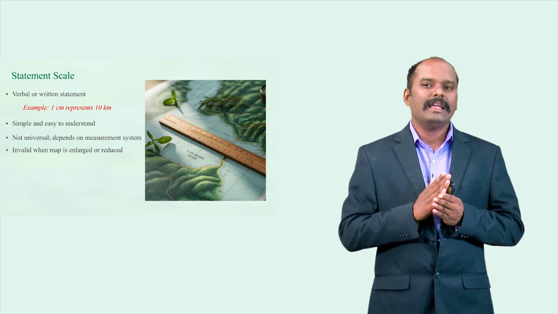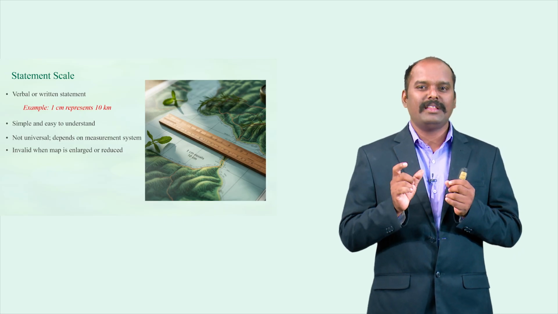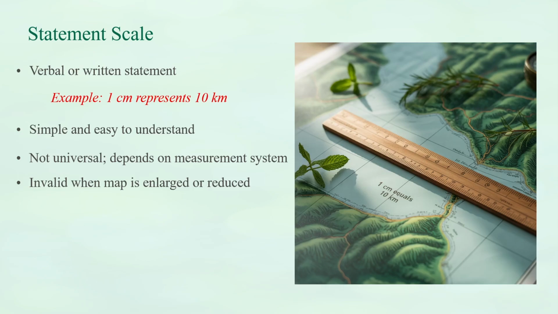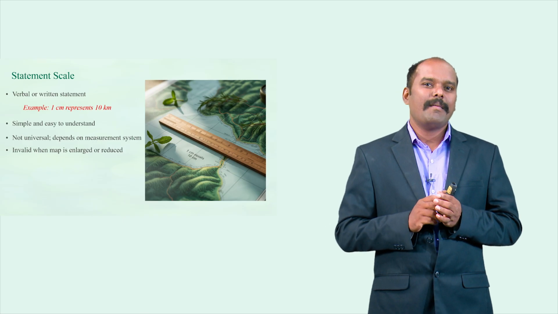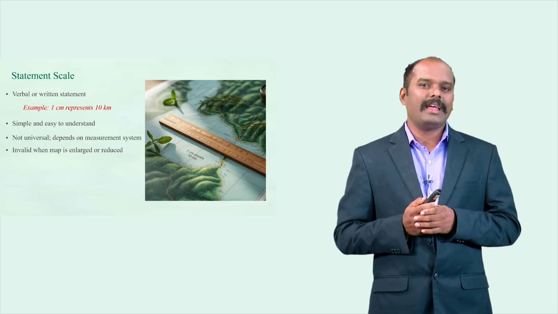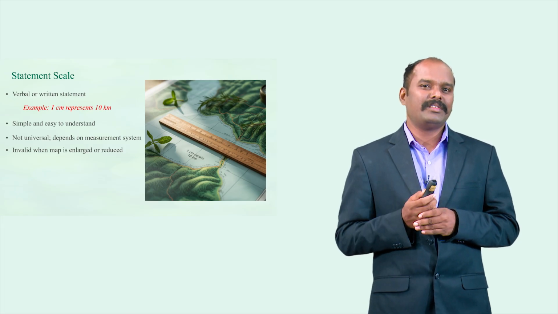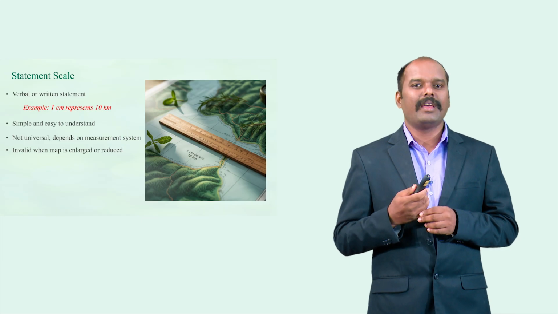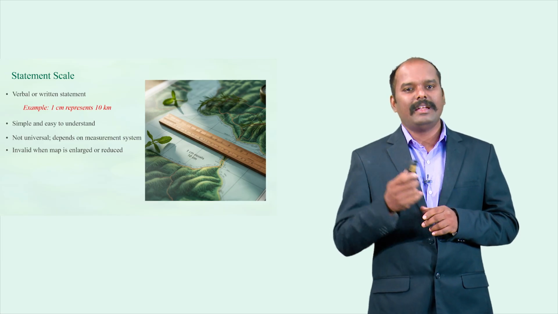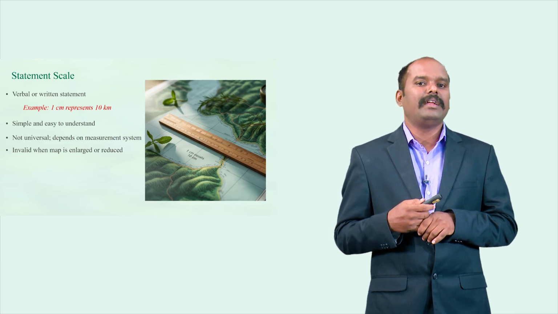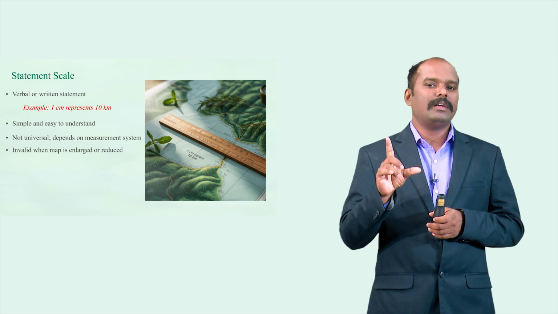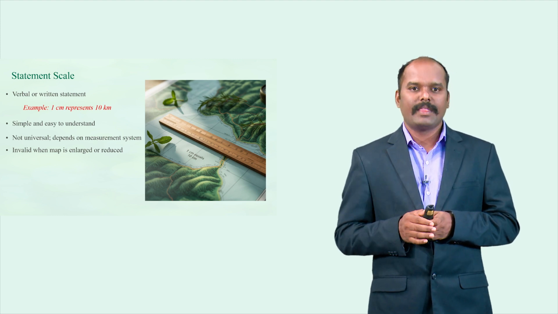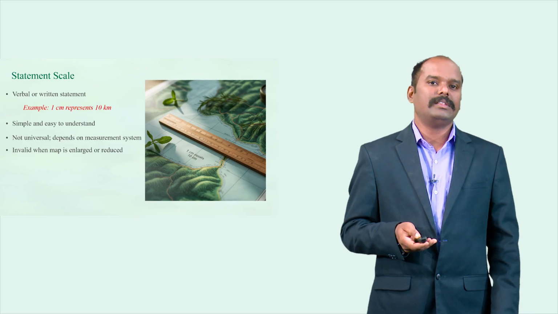In that case, the distance between 2 points on the map and in the real world will change. But the scale written in the statement cannot change. Once it is written, that is all. So, you have to rewrite it. It becomes invalid when the map is zoomed out or zoomed in. That is the thing I want to say to you.